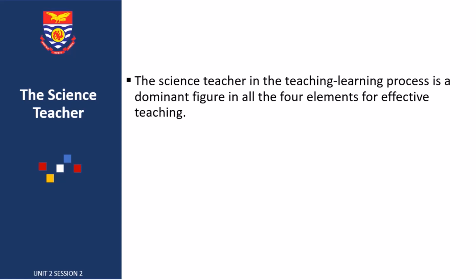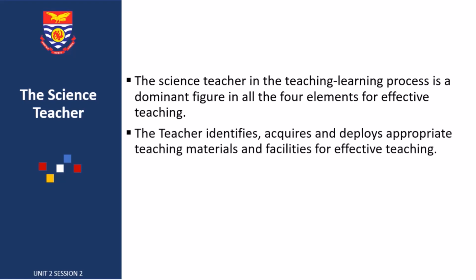These elements were the learner, the teacher, the curriculum, and the teaching learning materials or facilities. And the teacher plays a dominant role when it comes to the teaching learning process. It is the teacher who identifies, acquires, and deploys appropriate teaching learning materials that will facilitate effective teaching.